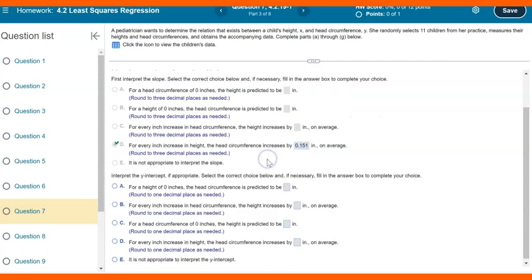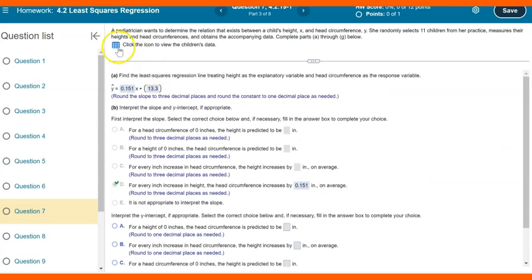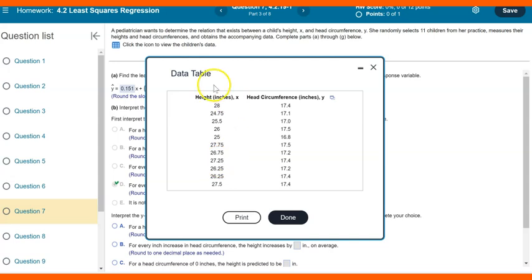Okay, now next question, interpret the y-intercept. The y-intercept is when x equals 0. What is x here? X is the height. Therefore, think about yourself. Can height be 0? Is it possible that the height of a child is going to be 0 to predict head circumference?